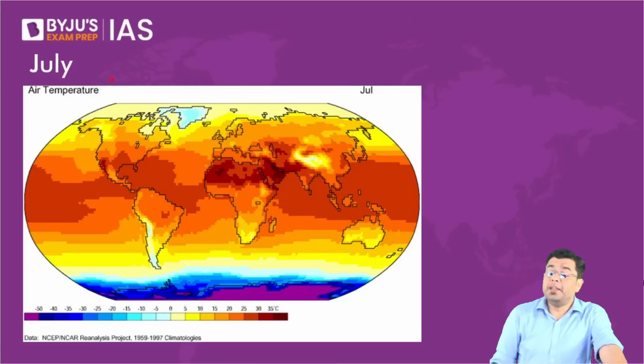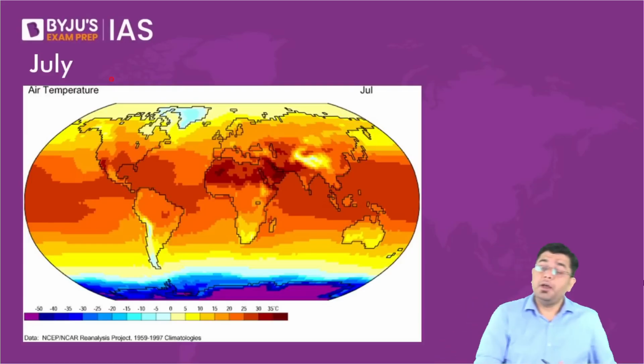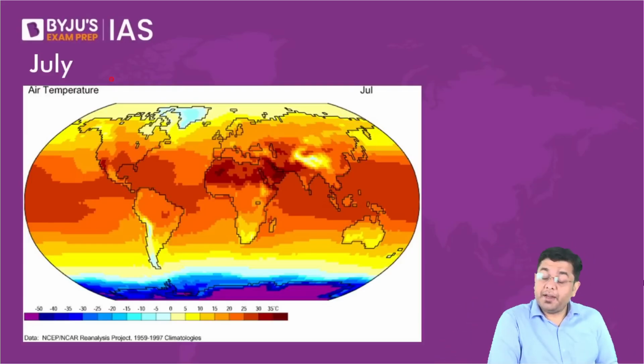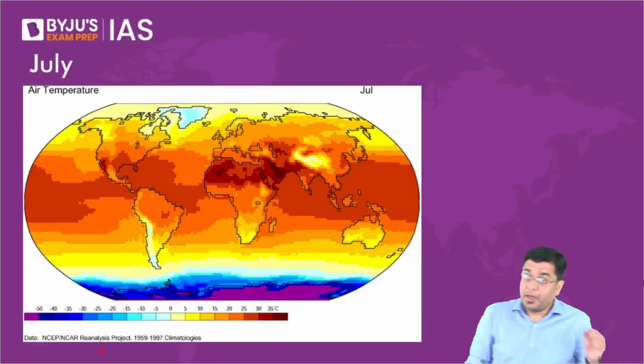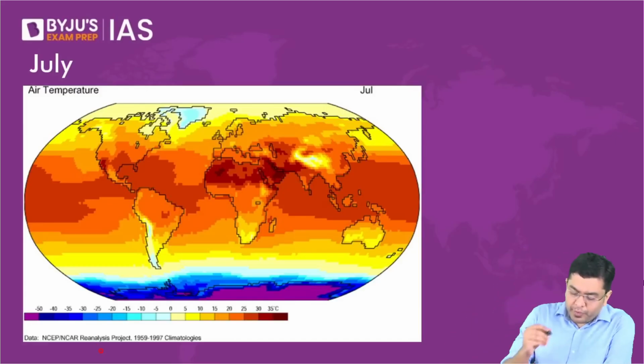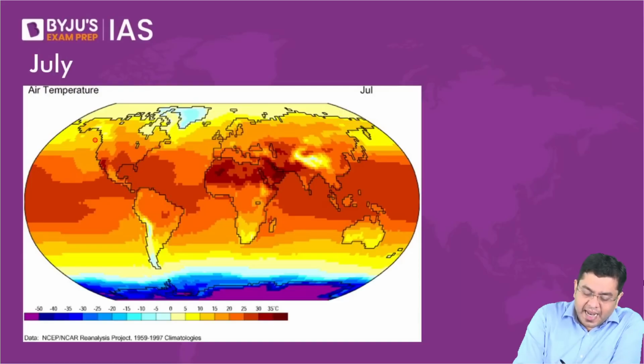Now we come to the month of July. That is when you have the summer in the northern hemisphere and winter in the southern hemisphere. Now, in this case, observe the variation in the heat. So you will observe that the land areas, they are significantly warmer. Observe the warmer areas.